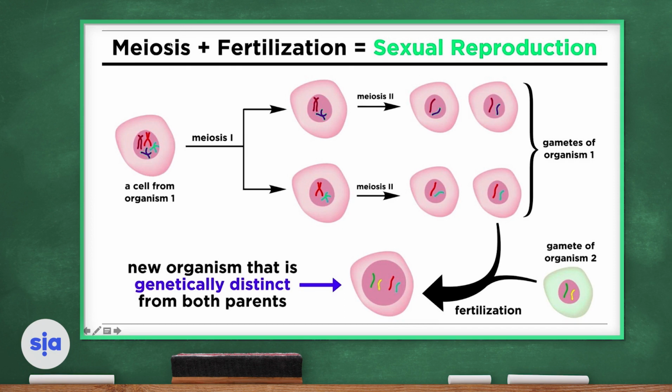This means that meiosis is related to sexual reproduction, where two different gametes are needed from two different parents, and they will join together, they will combine together in a step called fertilization, and a new organism which is genetically different from the parents will be produced. Meiosis is separated into two stages, meiosis 1 and meiosis 2.